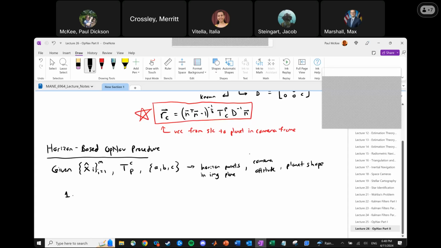Step 1 is compute D, which is 1 over A, 1 over B, 1 over C, 0, 0, 0, 0, 0, 0. And D inverse, which is even easier. It's just A, B, C, 0, 0, 0, 0, 0, 0.